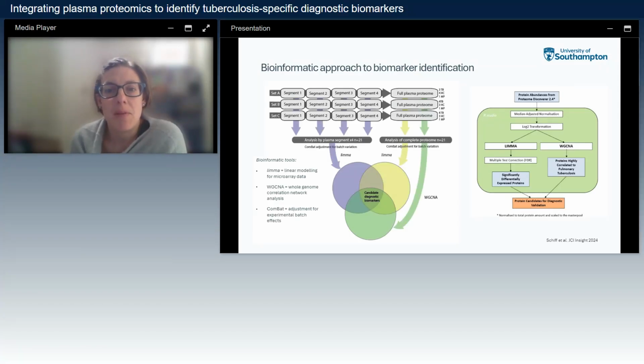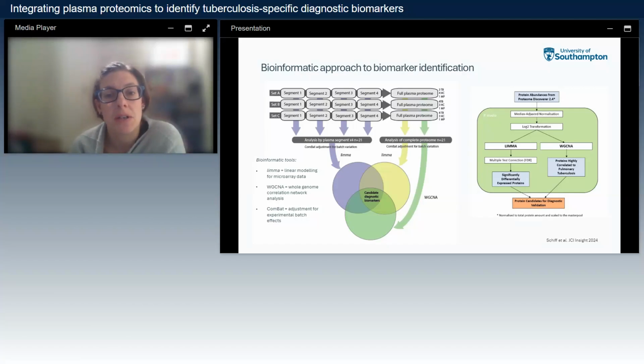This is the bioinformatic approach to the biomarker identification that I took. There's a lot of detail on this slide, but I don't want that to discourage anybody. It's basically to say that there were those 12 plasma segments, and I combined them bioinformatically to elucidate the full plasma proteome. Then I took all of that data through some complementary bioinformatic pipelines to identify differentially expressed proteins. I used a linear modeling approach for proteins that were mathematically differentially expressed, adjusting for multiple comparisons.